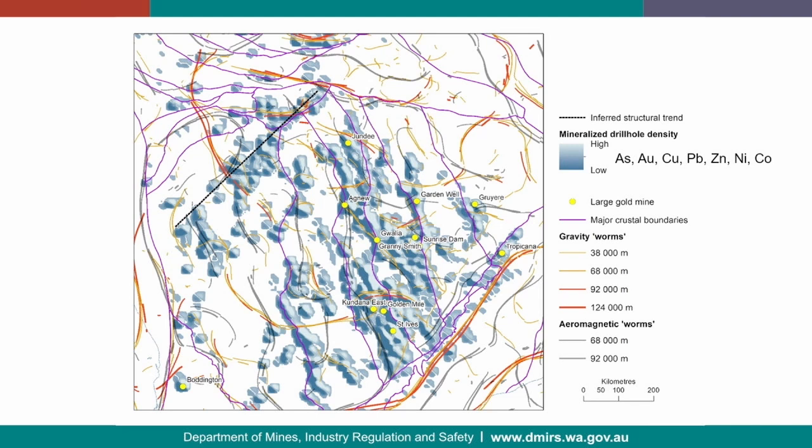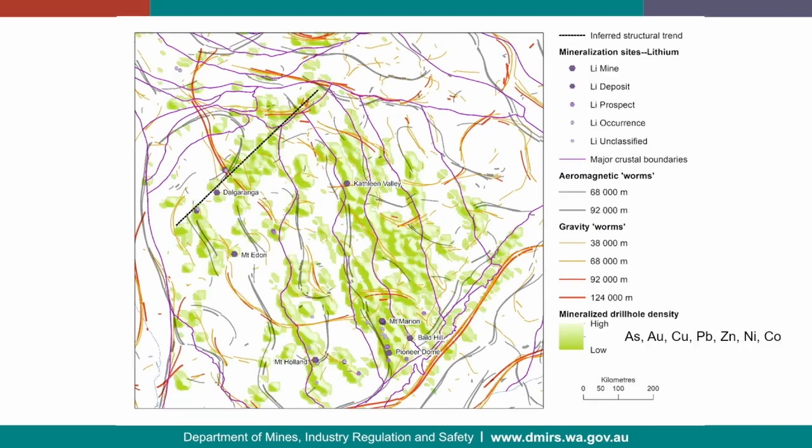Also, I draw your attention to the fact that Agnew is at the intersection of a major crustal boundary at this scale and a gravity worm, as is Granny Smith, Gwalia. Also, Gruyere, Gardenwell and Tropicana are all located close to intersections between the deeper magnetic worms and the major crustal boundaries.